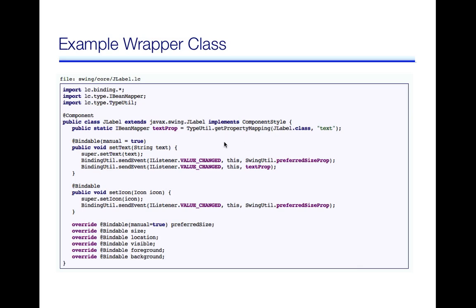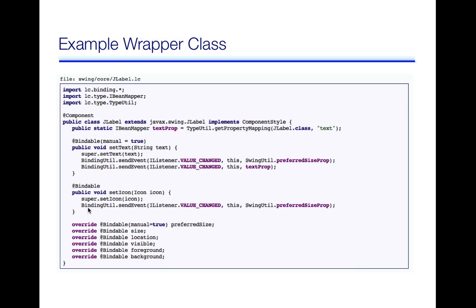When the text property changes in Swing, we both adjust the size of the label, which affects the preferred size property, and the text property itself changes. The icon property is implemented and has similar effects. It's marked though as @bindable without the manual equals true. That means that LayerCake will inject data binding for the icon property itself, but we still have to mark the preferred size property as changed.